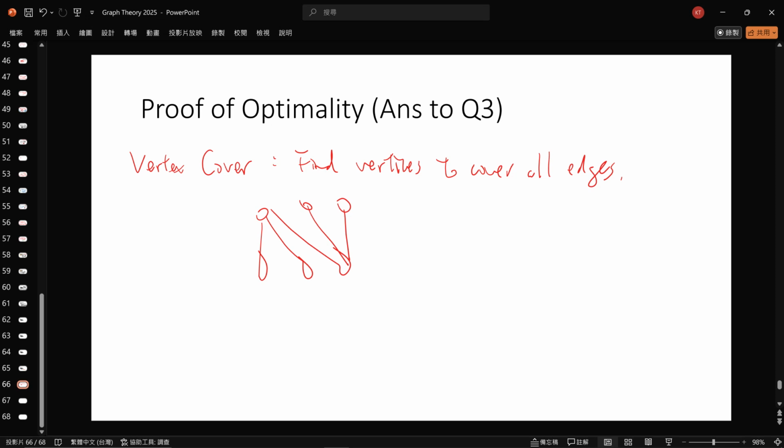Okay, so what do I mean by covering all the edges? So suppose, let's consider this vertex, okay? So I said this vertex can cover these three edges, just the edges incident to the vertex, okay?